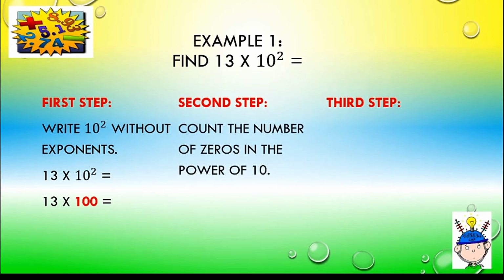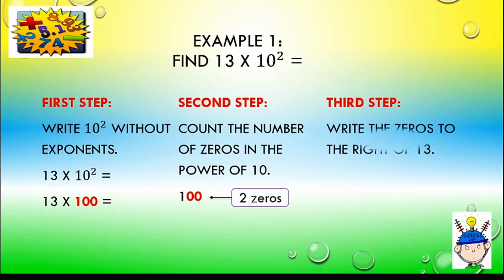Second, count the number of zeros in the power of 10. 100, how many zeros? We have 2 zeros. And last step, write the zeros to the right of 13. Why? Remember, we will multiply only 13 and 1.